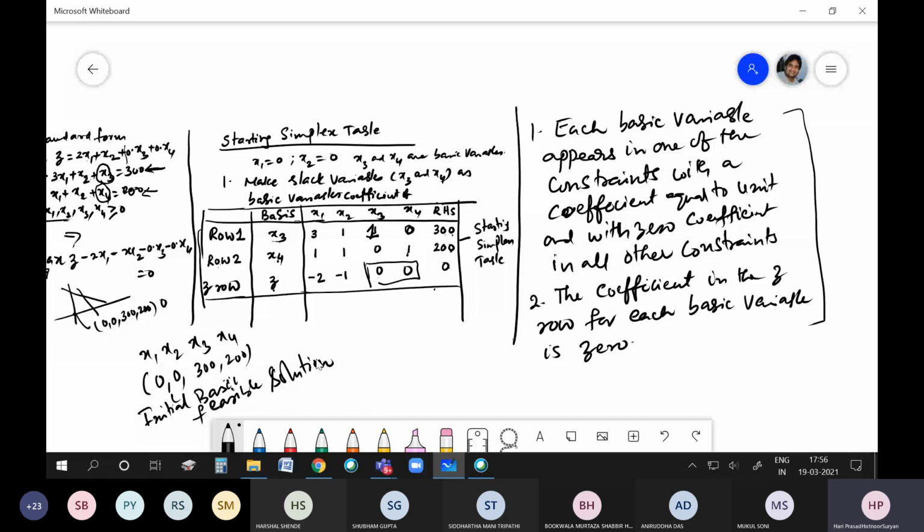Now I have to move to another basic feasible solution. How can I move from this solution to another one? What are the options I have to go to another basic feasible solution?